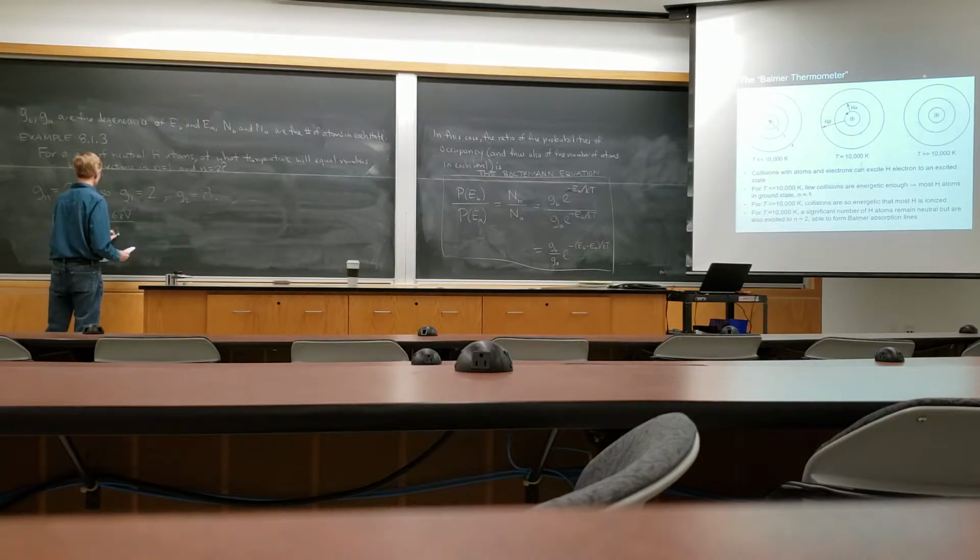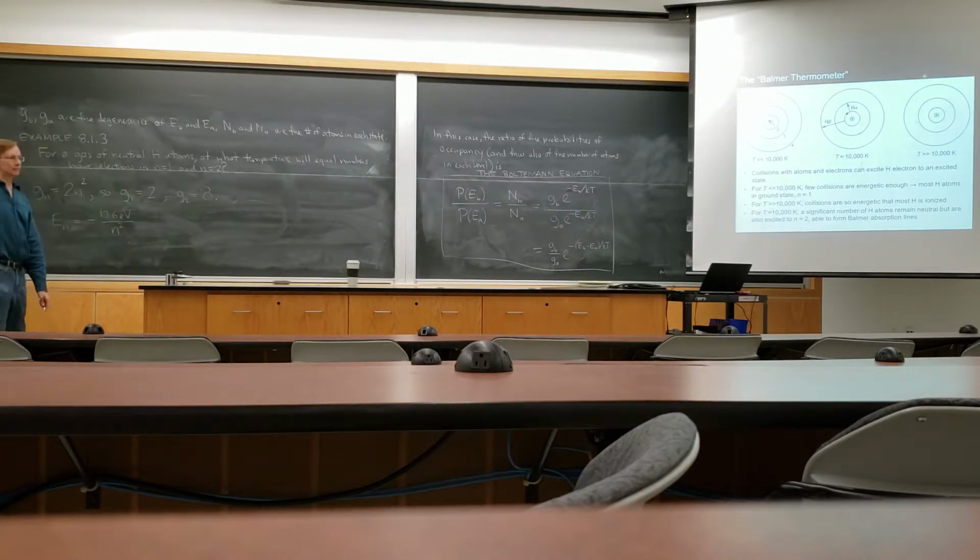The other thing we want to remember is that as we deduce from the Bohr model, and Schrodinger agrees with this, the energy of the state with principal quantum number n is minus 13.6 electron volts over n squared.